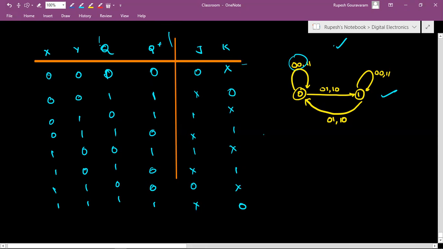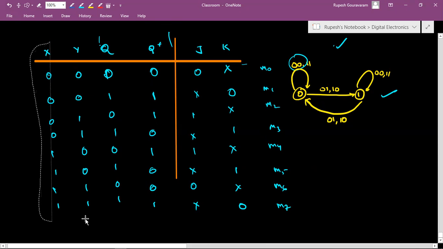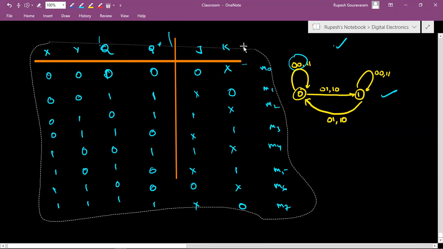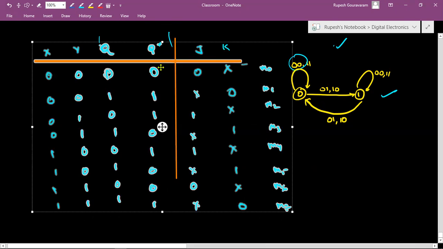So don't cares and zeros are present here. So this is minterm 0, 1, 2, 3, 4, 5, 6, and 7. Okay. Now let me minimize this for convenience.